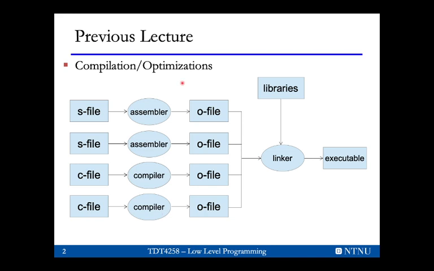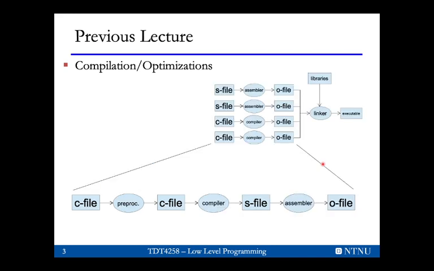So you had a compiler or assembler that read and transformed your source code files and generated machine files, so object files that had relocatable object code. And then when you had a set of these object files, those were bound together using a linker, possibly together with a set of libraries, and this generated an executable. So today we're going to have a closer look at how this executable can actually be executed on a real physical machine.